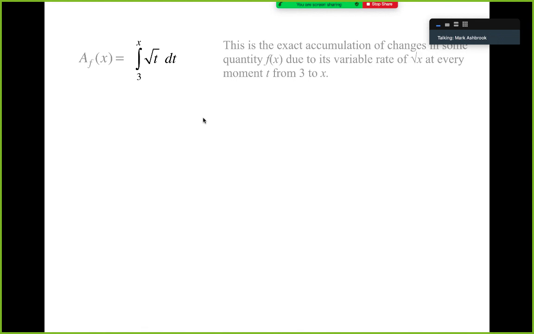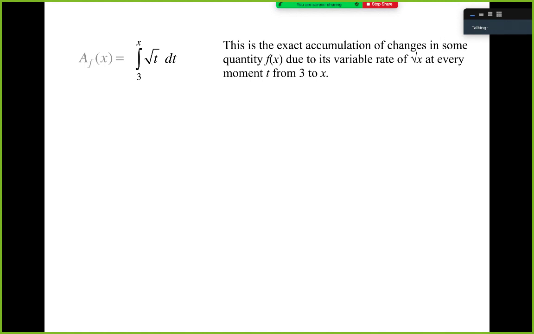This is the exact accumulation of changes in some quantity f due to the variable rate of change, square root of t, at every moment from t starting at 3 up to x. So it's giving us the exact net accumulation at this rate starting from 3 up to x. So when we see integrals, we want to think of them in terms of net accumulation. Here's another one. There's two more.